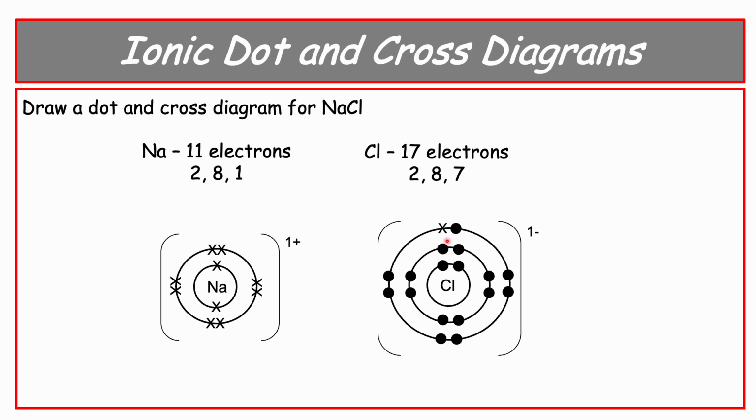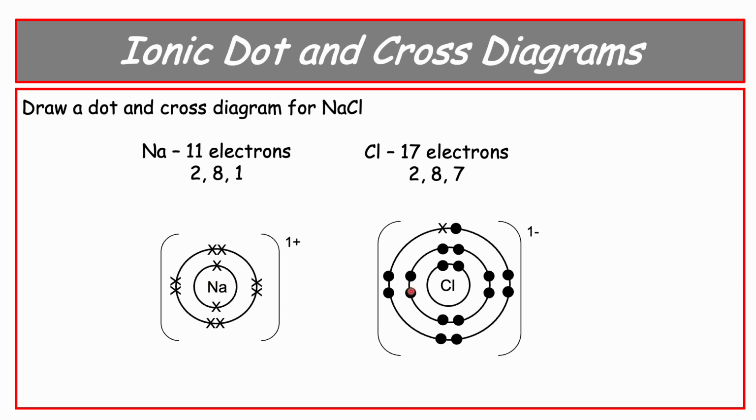And we can see that clearly because in our diagram we've used dots to show the electrons of chlorine and crosses to show the electrons of sodium. So here we're showing the examiner that that electron has come from the sodium ion. These ions then attract, because we know opposites attract, and form what we call an ionic bond.